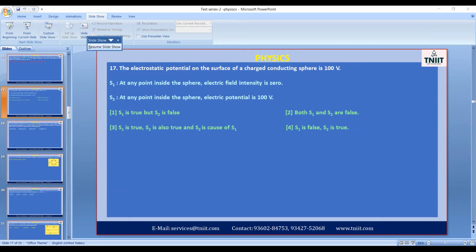So the options are not matching. Somewhere we made a mistake.